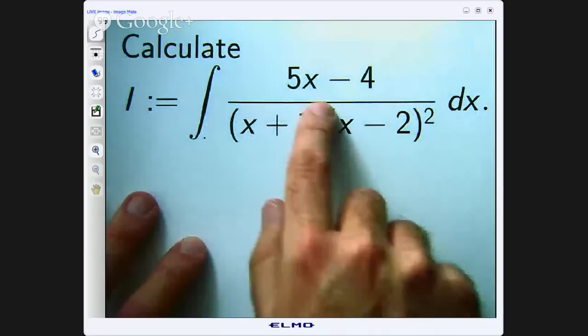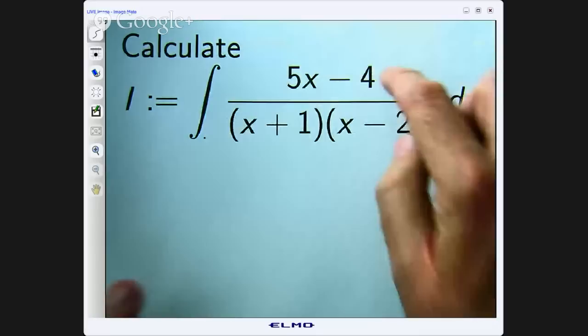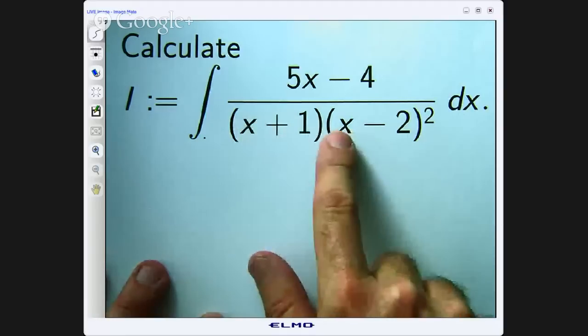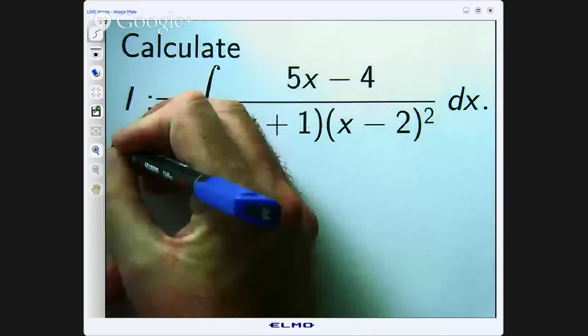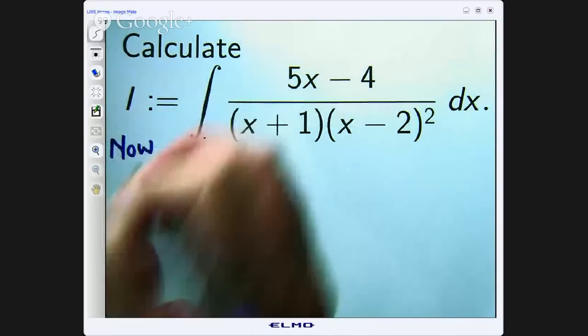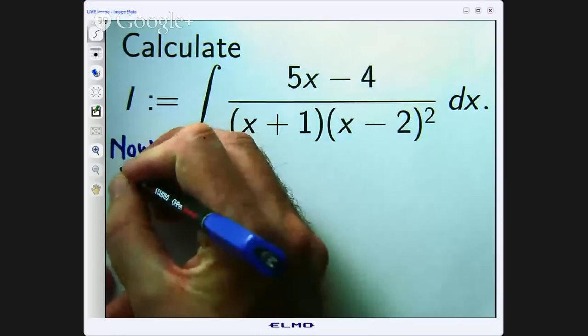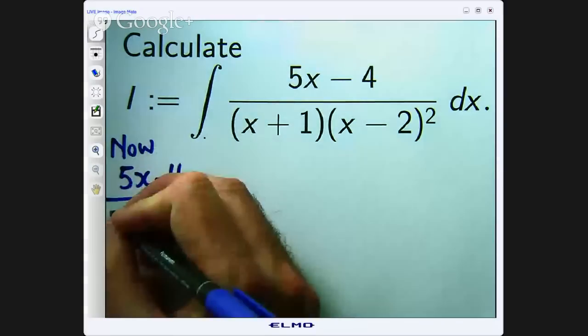So what we're going to do is use these bottom parts as a guide to break this down into the sum of something simpler, where the whole squared is in the denominator. Okay, so let me share that with you. Let me write this out.